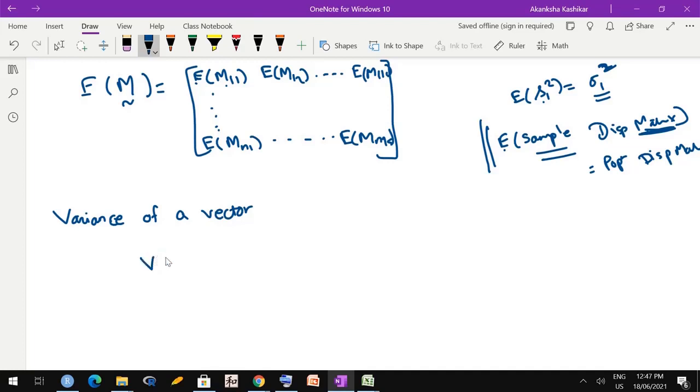So how do I talk about variance of a vector? We have already discussed sample dispersion matrix. So this would be something similar.